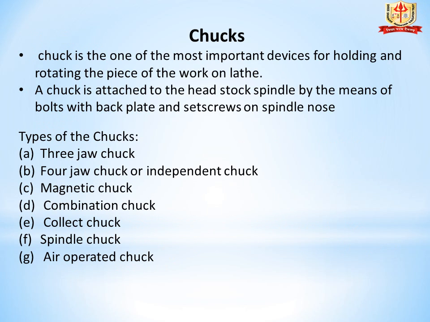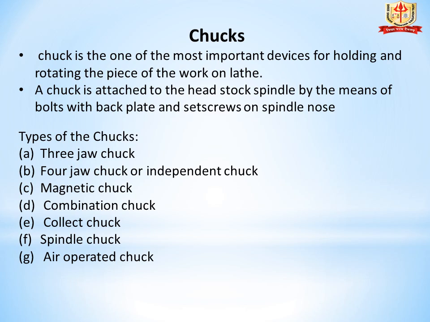Now we study the next accessory, chucks. Chuck is one of the most important devices for holding and rotating the piece of work on the lathe. A chuck is attached to the headstock spindle by means of bolts with back plate and set screw on the spindle nose.